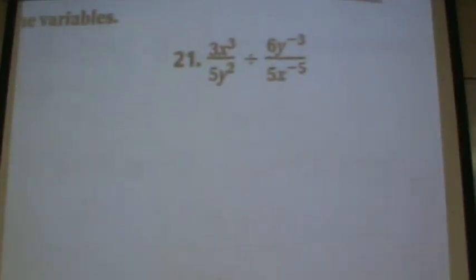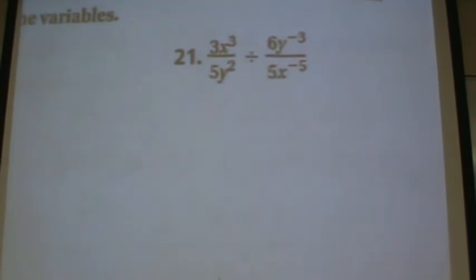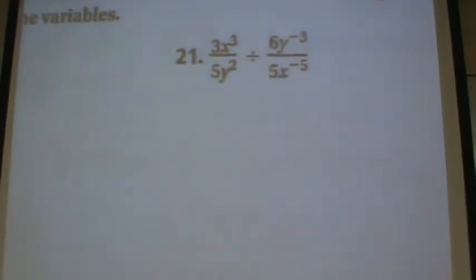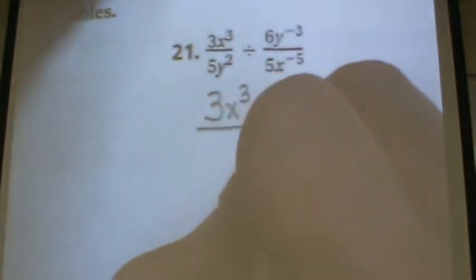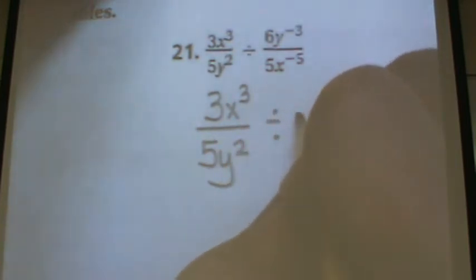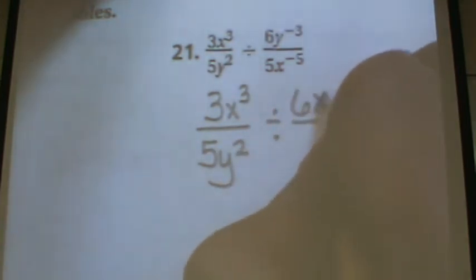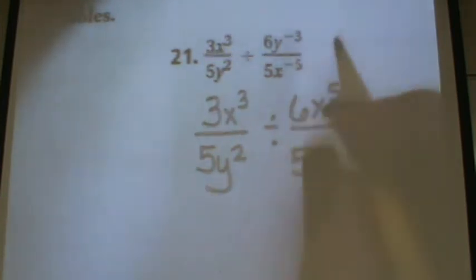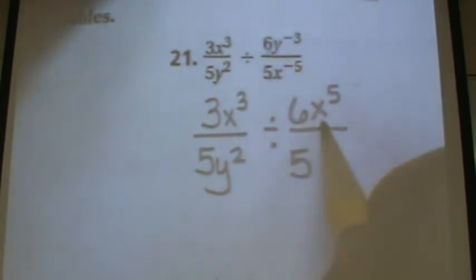Fix the negative exponents first. This would be 3x cubed over 5y squared, and make this 6x to the 5th. Now, I'm not moving the 6 or the 5, only these.